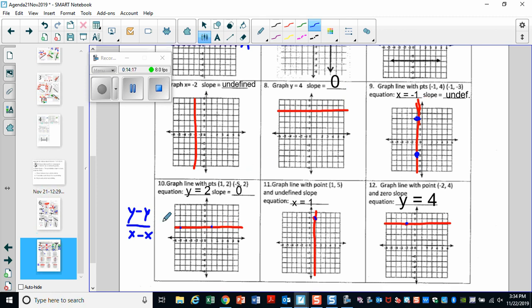So in this case, your y's, which is the coordinate on the right-hand side, 2 minus 2 over 1 minus, now be careful, negative 5, which basically minus negative just makes this guy positive. But it really doesn't matter in the end because 2 minus 2 is 0 over 1 plus 5, which is 6. But 0 divided by any number is 0.